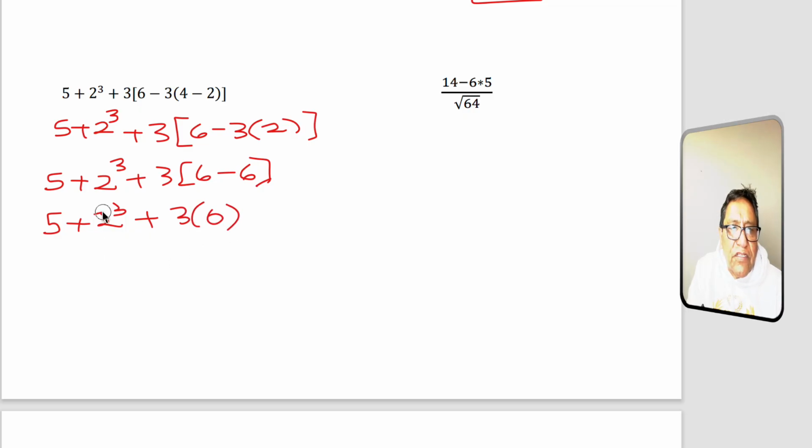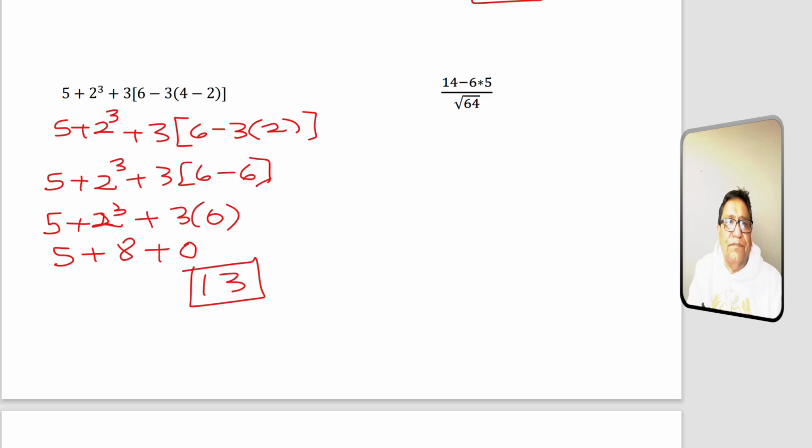We need to take care of this 2 cubed. 2 cubed will be 8, plus 3 times 0 will be just 0. So 5 plus 8 plus 0 will be 13. That will be the solution.